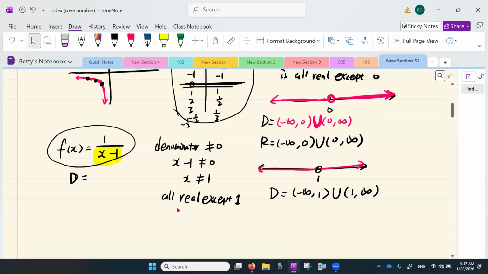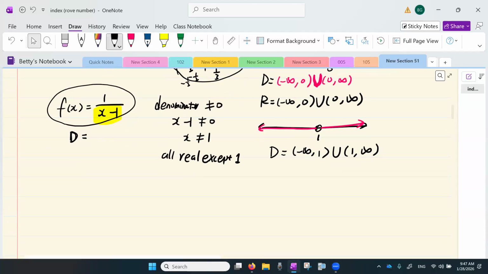Let me give you one more, just to make sure that you understand what I'm talking about. What if you have a function f of x equals 1 over 2x plus 1? Same thing, you have variable x in the denominator. To find the domain, you write down the denominator. We all know the denominator cannot be 0, and you solve this inequality.